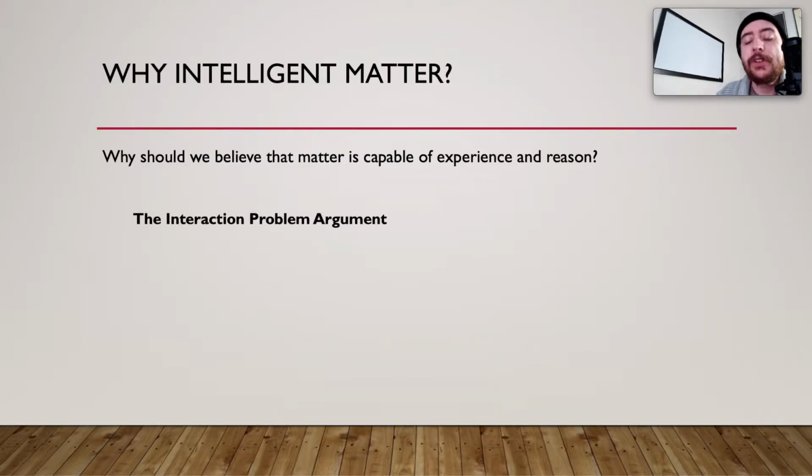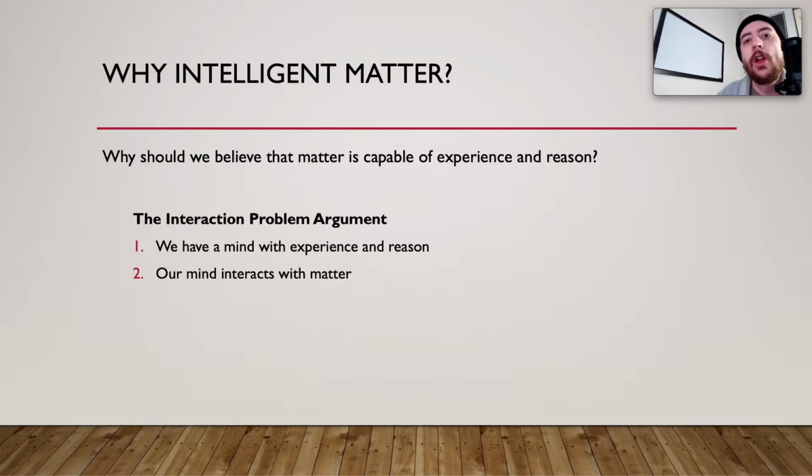Well, her first appeal is to basically the interaction problem. The idea is we have a mind with experience and reason. We all know this from our own experience. We have sensations, we have thoughts. And our mind interacts with matter. Our thoughts, our perceptions get us to move. When we feel the heat of the fire and we feel pain, that gets us to move our arm back. Well, how does our experience do that?